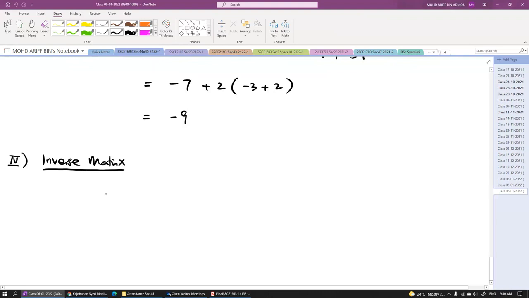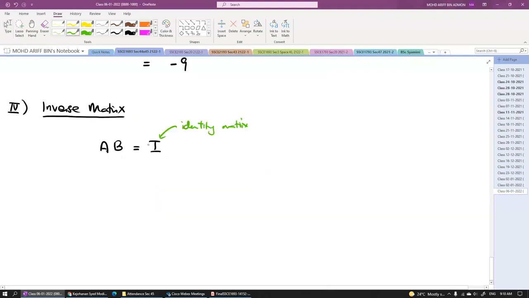Inverse matrix. For example, if you have A multiplied by any matrix B, and when you multiply you get the identity matrix I, where I is your identity matrix. Obviously, the identity matrix must be a square matrix.